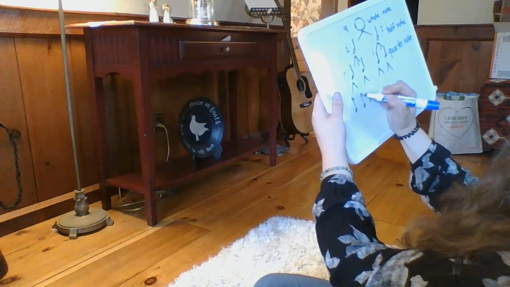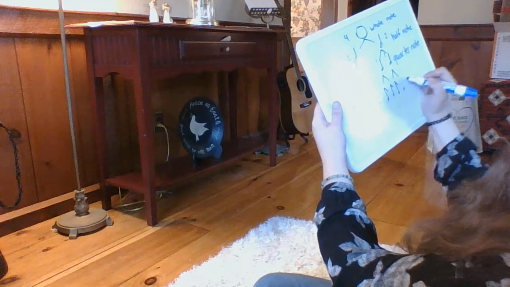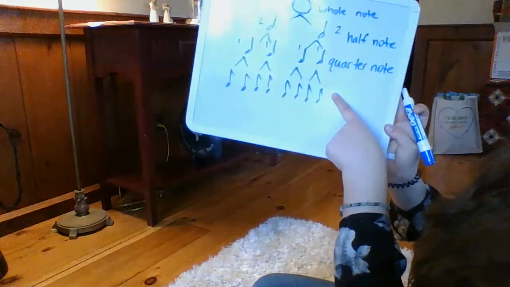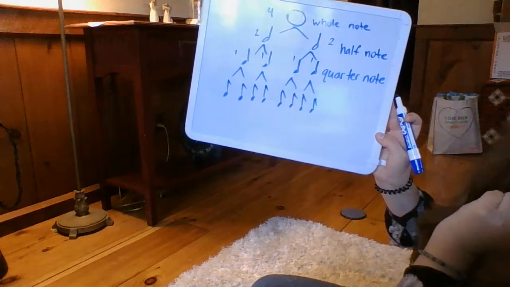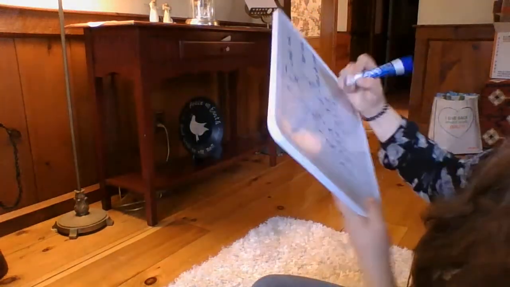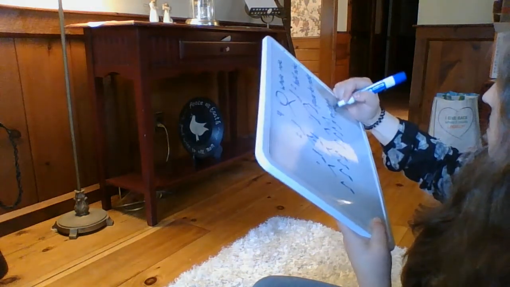With a flag. They each have a flag or a tail to show us that this one is worth half of what this one is worth. And that's called an eighth note.